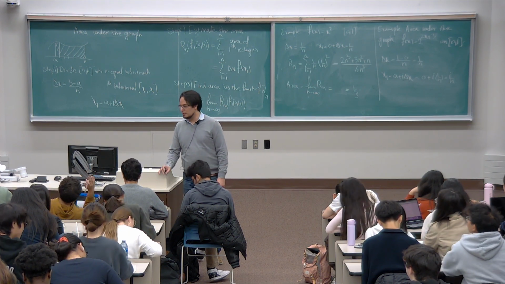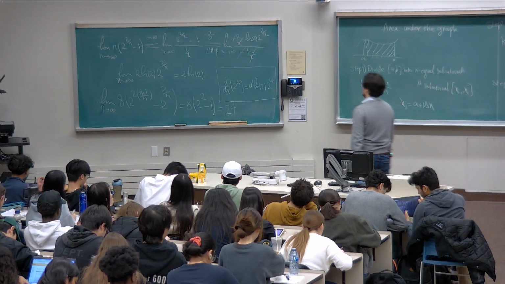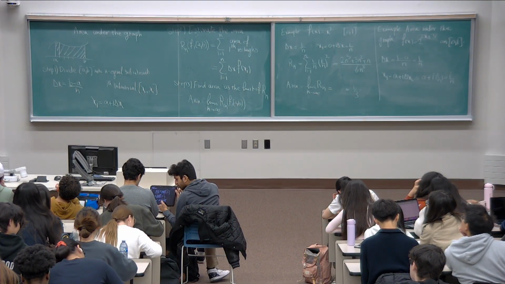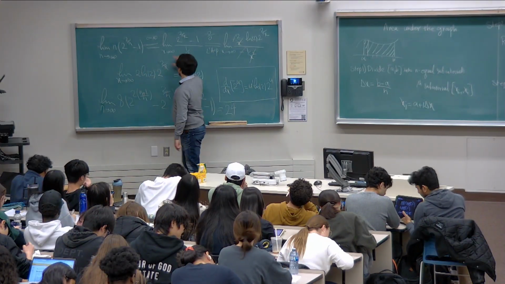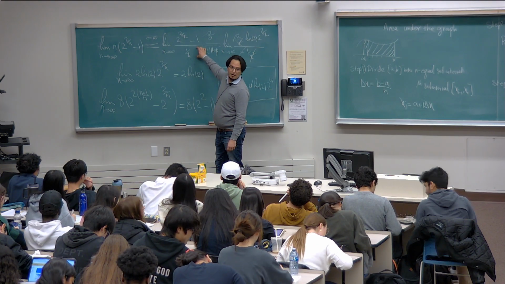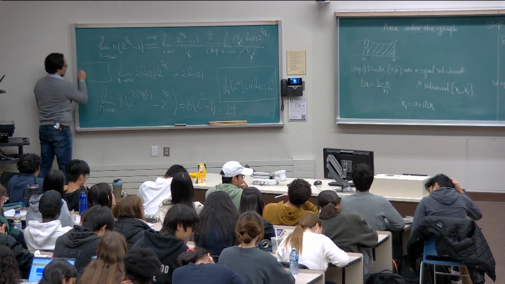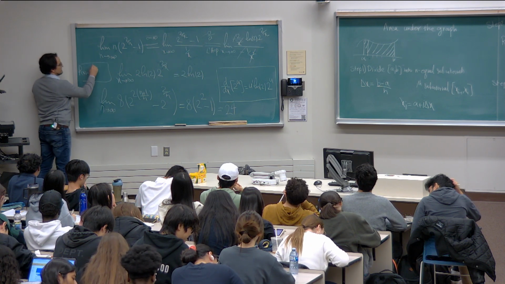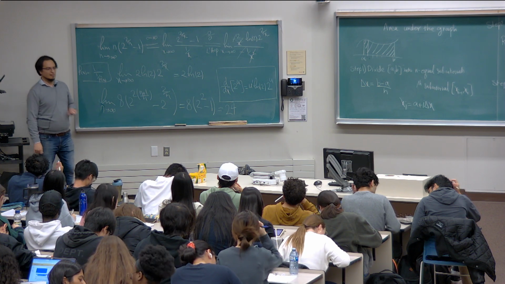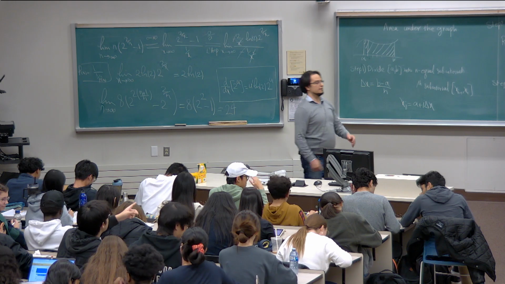Yes, please. Where did n go over there? Where did n go? This n, I wrote it as 1 over n. N, or f of x, is the same thing as this, yes? That's how I did that, okay? Yes, please.